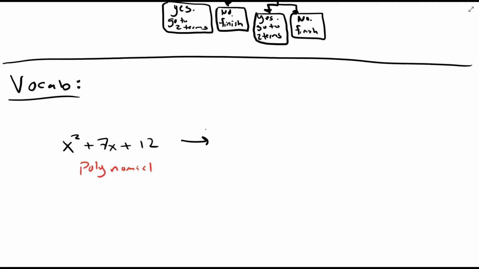The two numbers that multiply to give us 12 and add to give us 7 are 3 and 4. So my factored form is x plus 3 and x plus 4. So this polynomial generates these two factors, right? Everybody okay there?